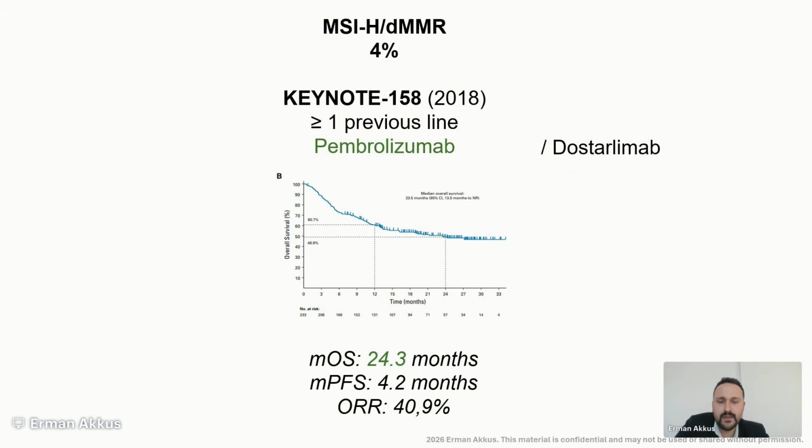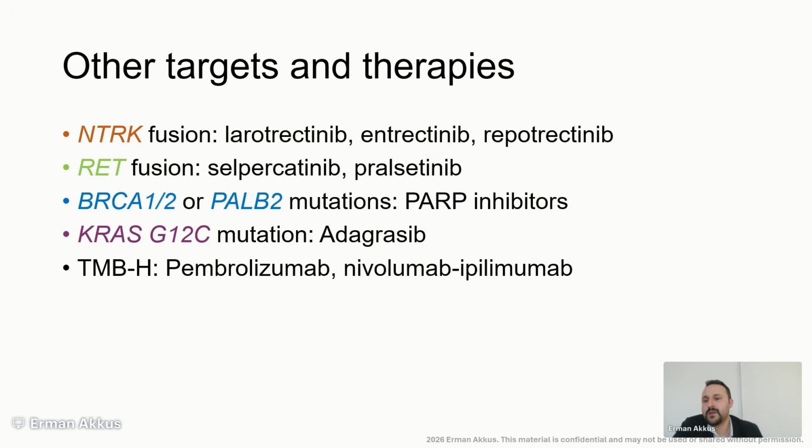In the Keynote trial, as a tumor agnostic treatment, pembrolizumab showed a median OS of 24 months in BTC, and dostarlimab is another option for tumor agnostic treatment. There are other rare targets and therapies for BTCs: NTRK fusions, RET fusions, BRCA, and KRAS G12C mutations, and TMB can be targeted by available drugs.